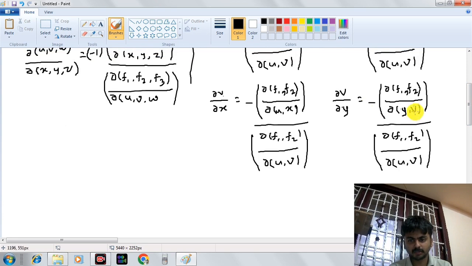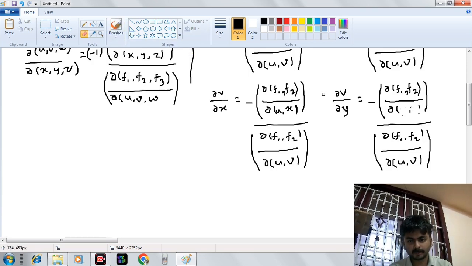V with respect to u means here it will be u, here it will be u, that is what we usually do, but here we have to change it. Here it will become u comma y, here it will become u comma y. So a small change: instead of y comma u we have to write u comma y. A little understanding of the formula is very important.